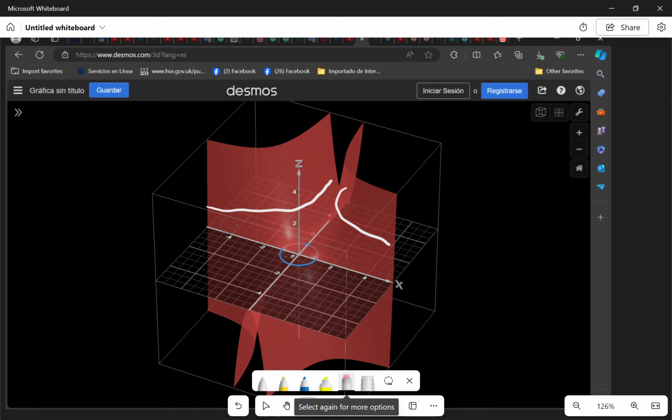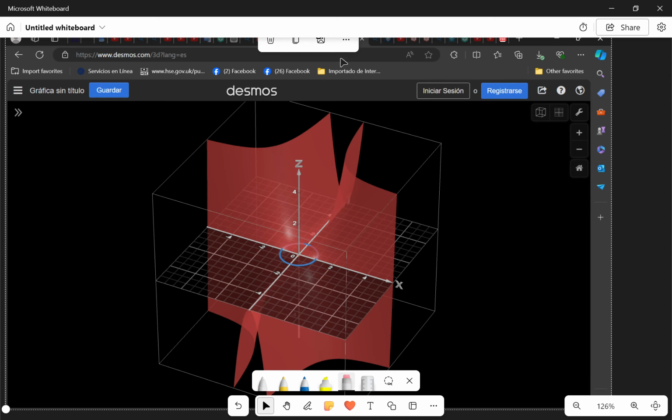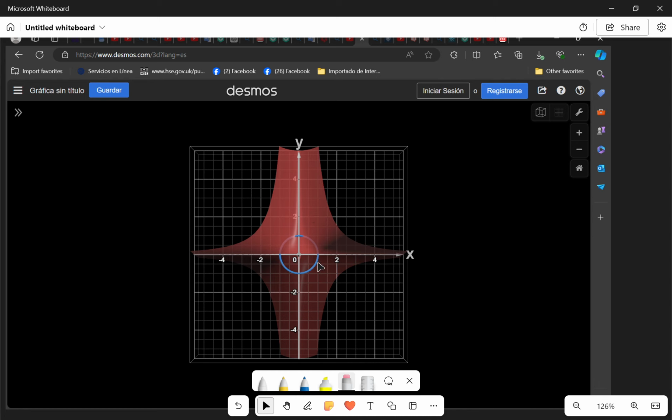And how would it look? What would it look like from above? So, for example, let's get rid of this one. So this is what it looks like from above, and if we draw that intersection with the yellow plane, it would look like this.